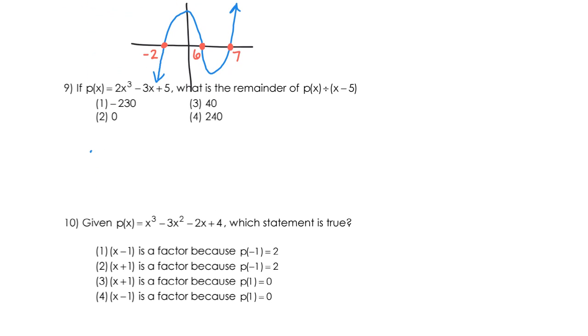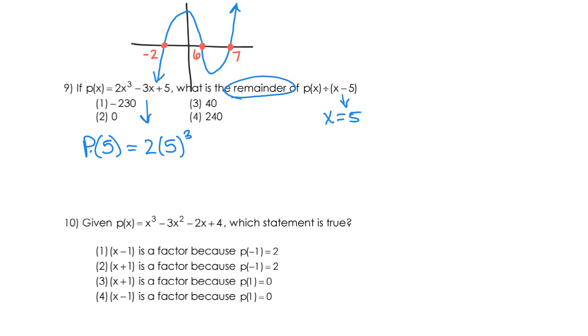All right, number 9. If p of x equals, what is the remainder of p of x divided by x minus 5? Because they only want the remainder, we could do the long division if you wanted to. But as a shortcut, because it's multiple choice, we're going to turn that into x equals 5. And then we're going to plug in p of 5.